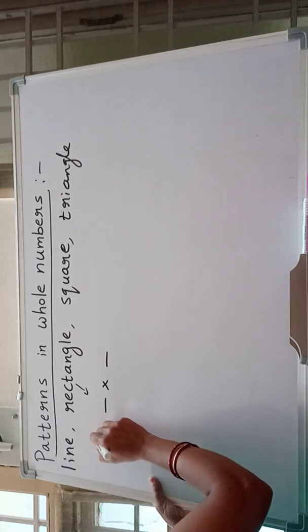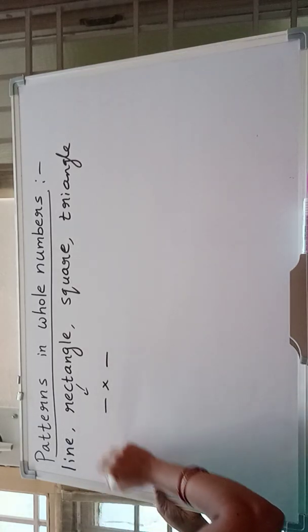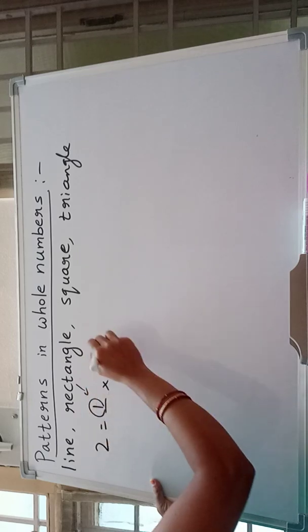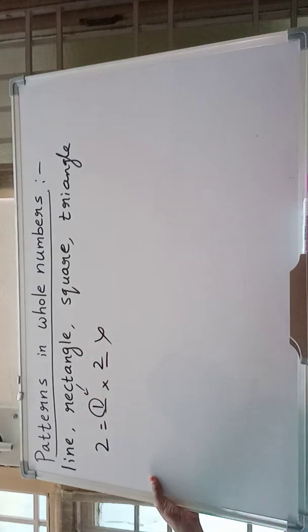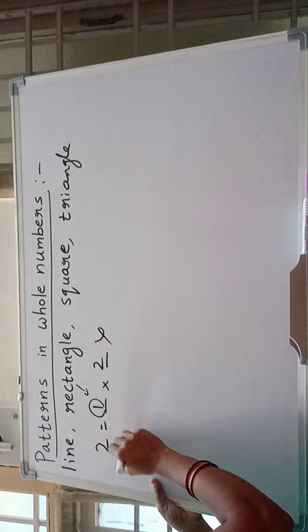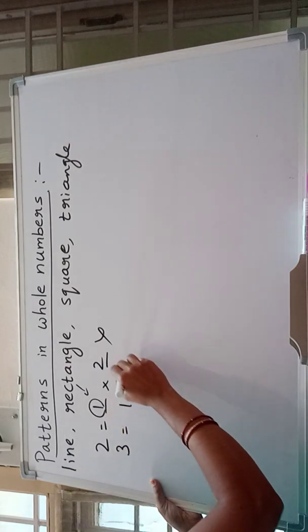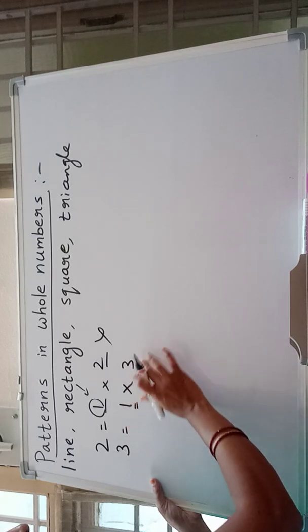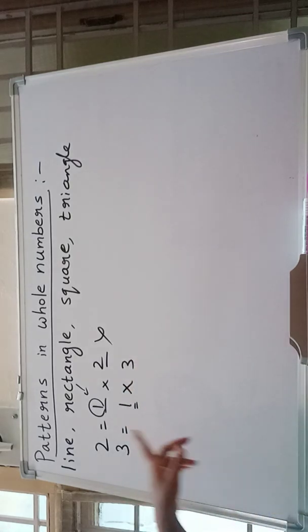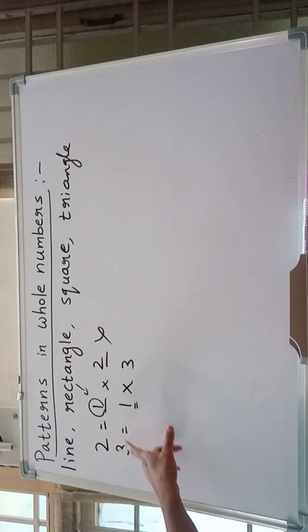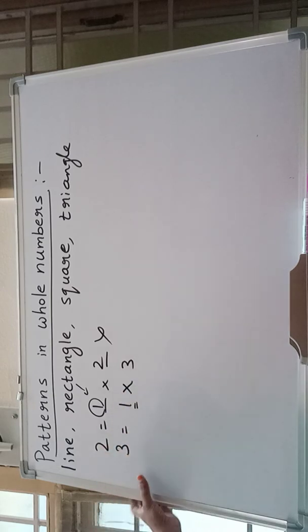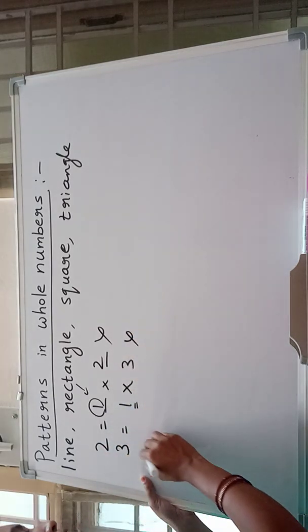For example, if I take 2, 1 into 2, we used 1 here, therefore rectangular shape is not possible. 3 also not possible, 1 into 3. If we can write the number as a product of two numbers without using 1, then rectangular shape is possible. Here it is not possible.